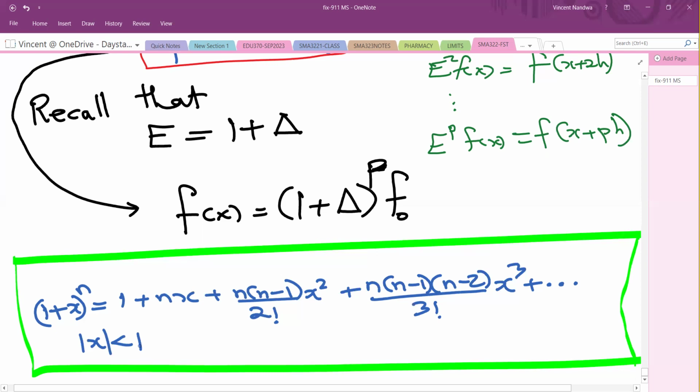Which theorem is this? Correct, this is the binomial theorem.